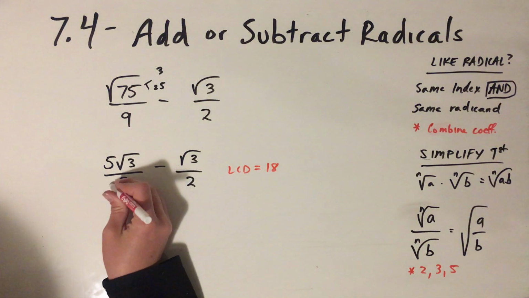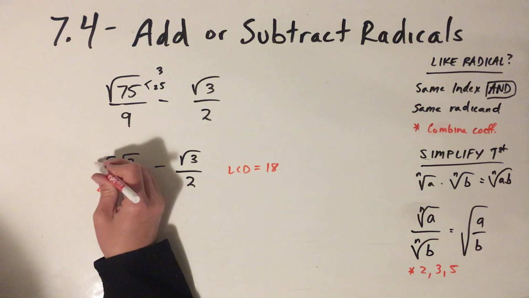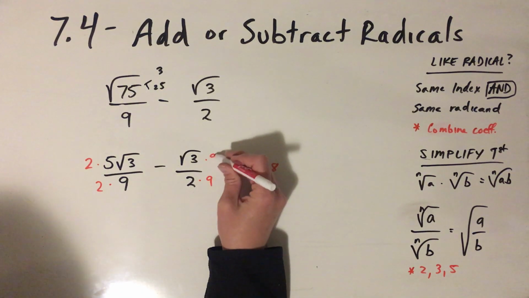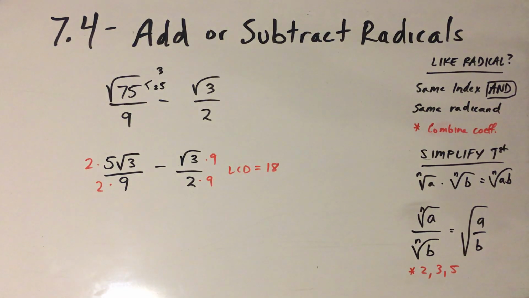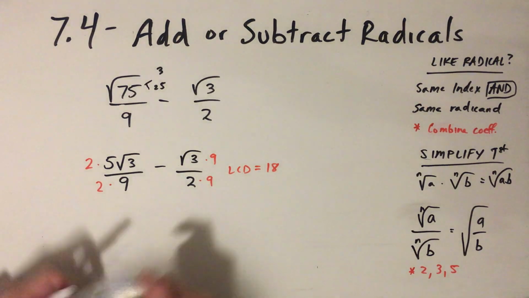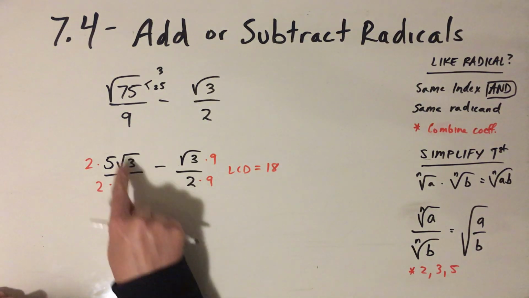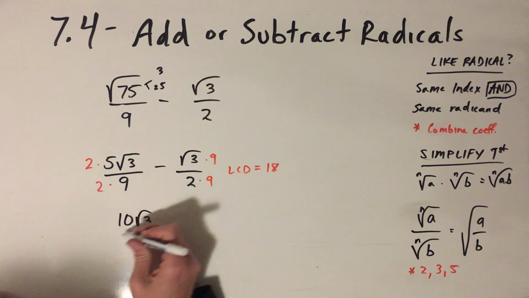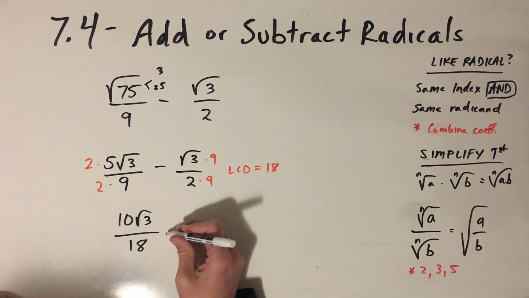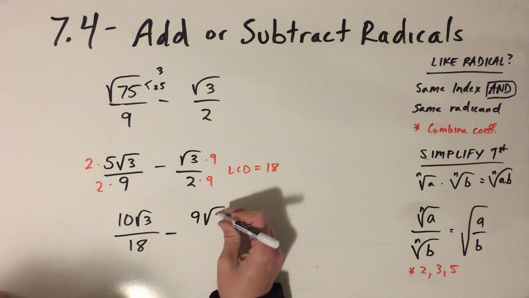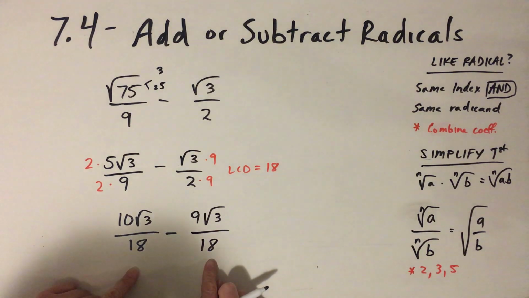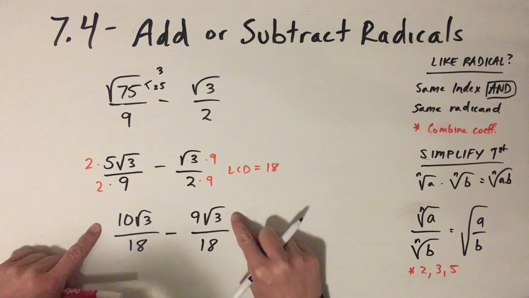So I would need to multiply this fraction by 2 to get the bottom to be 18, and this fraction by 9 to get the bottom to be 18. Remember, whatever we do to the bottom, we have to do to the top. So this new fraction here is 10 square roots of 3 over 18 minus 9 square roots of 3 over 18. Now that they have the same denominator, I can go ahead and combine the like terms up top.